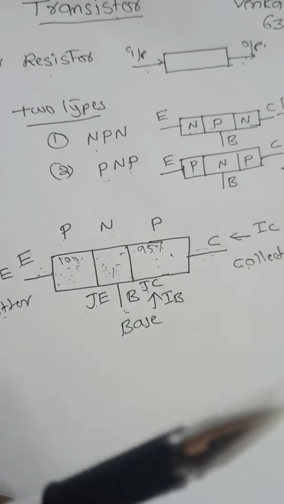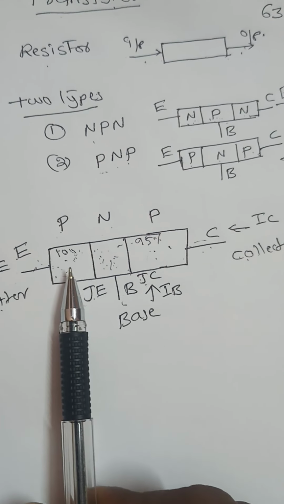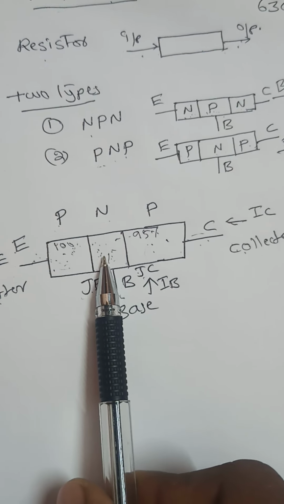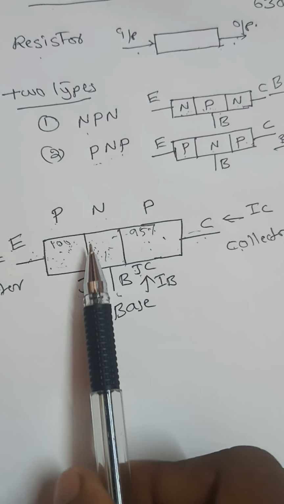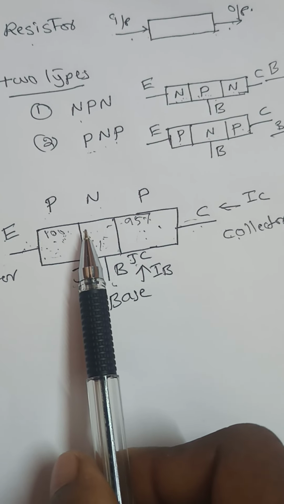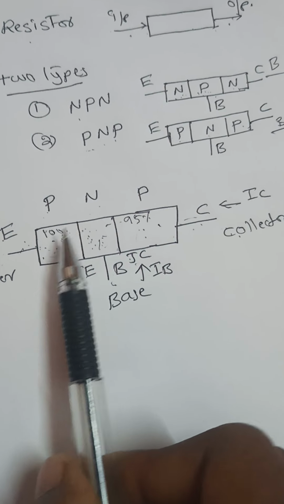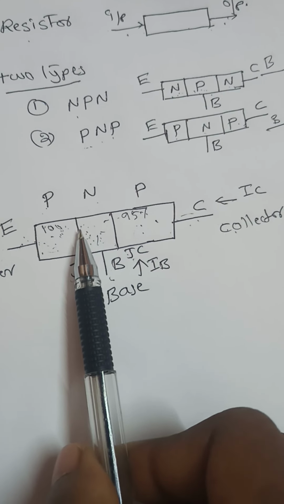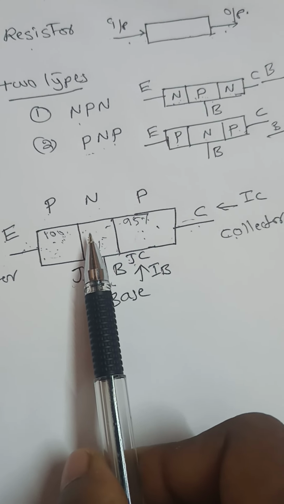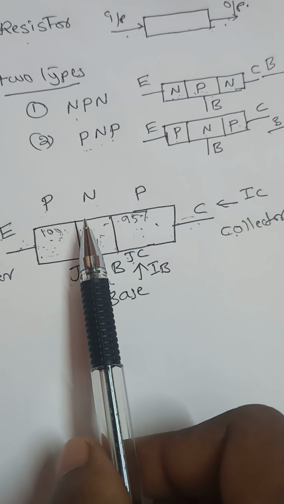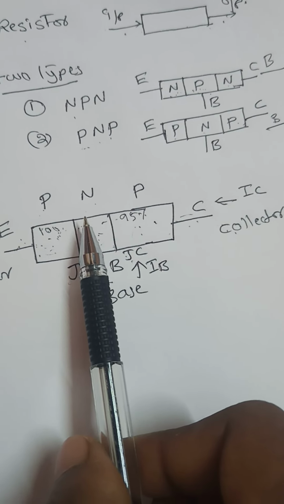Once again, I want to explain the operation. Majority carriers from the P-type material flow into the N-type material. At the junction, holes jump into the N-type material. Here, holes recombine with electrons in the N-type material. So due to the recombination, those electrons disappear.